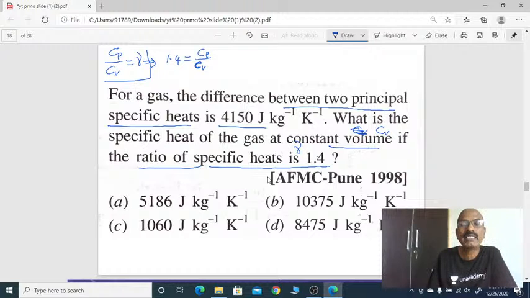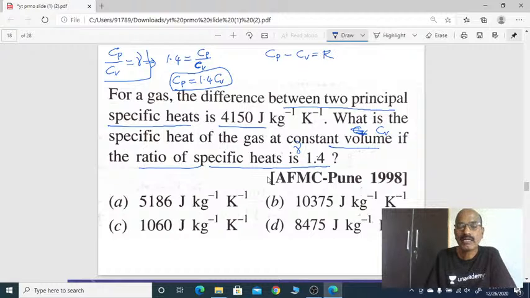From this, Cp equals 1.4 into Cv. Now, the difference between the two specific heats is given as 4150. The difference between the two specific heats, Cp minus Cv, equals R. So what is Cp? 1.4 Cv minus Cv equals R, and R is given as 4150.